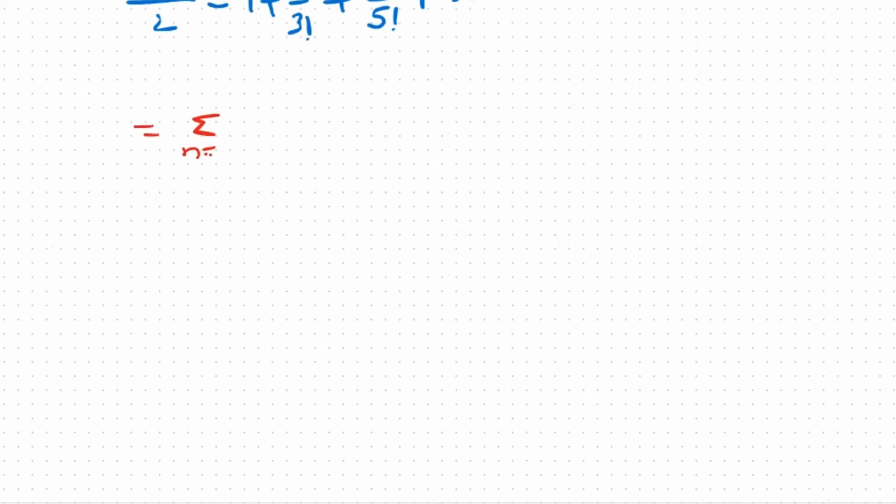Sigma n equal to 0 to infinity 2n square plus 3n plus 4 to the whole divided by 2n factorial.